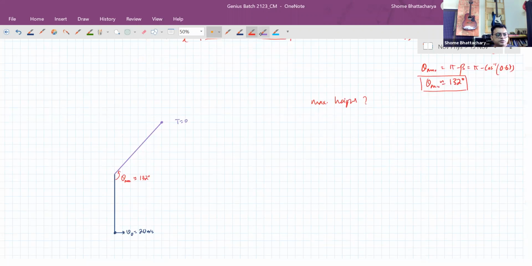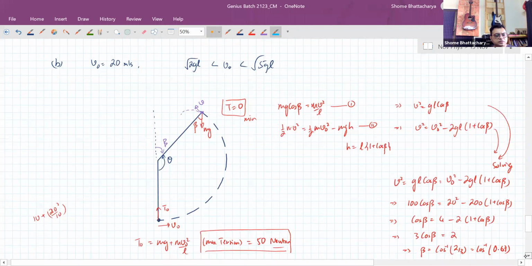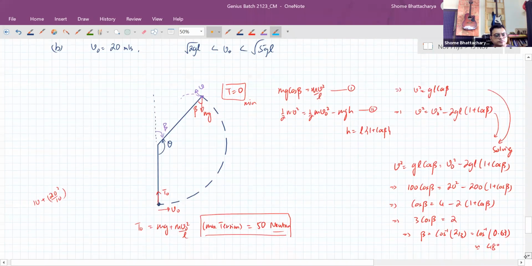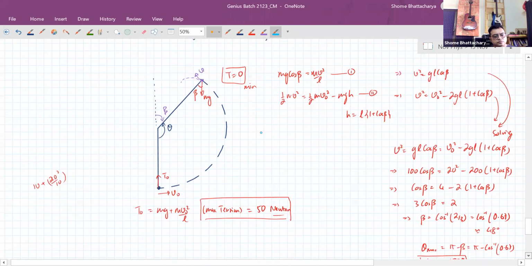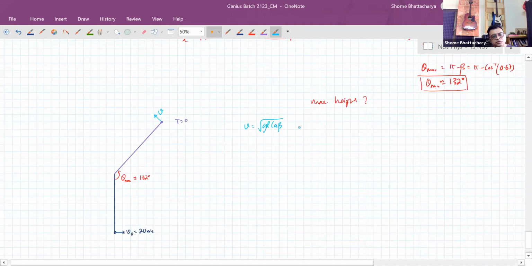So at this point of time, what was the speed? The V was, you can see in the above equation, root gL cos beta. And beta was cos inverse 2 by 3.